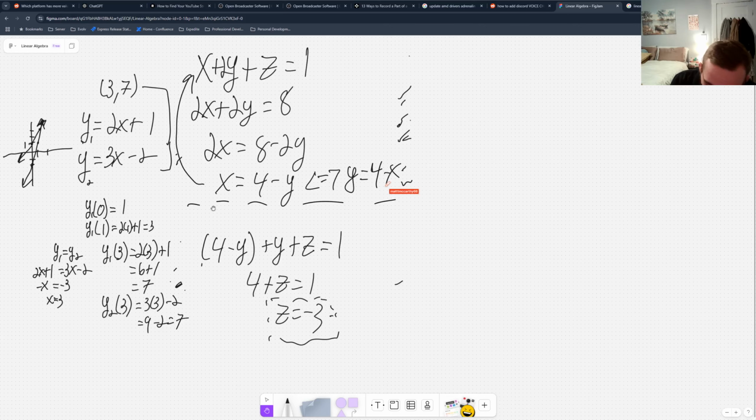But in this case, let's just pretend that I made this 2y, plus z equals 1.